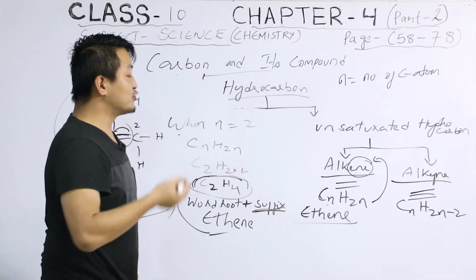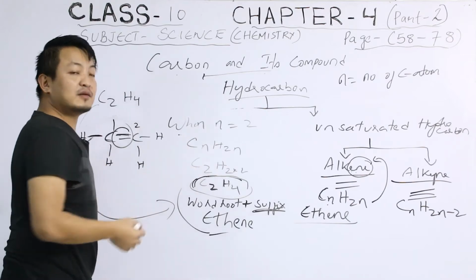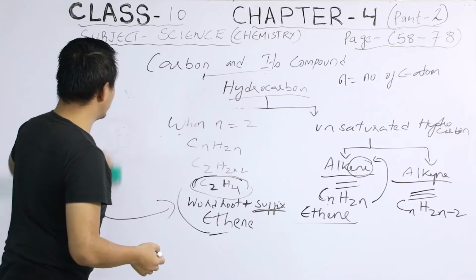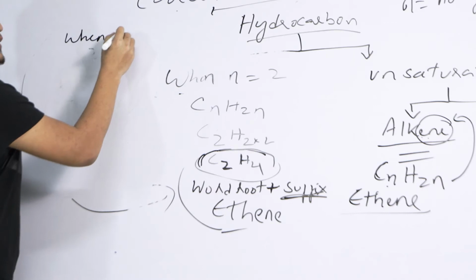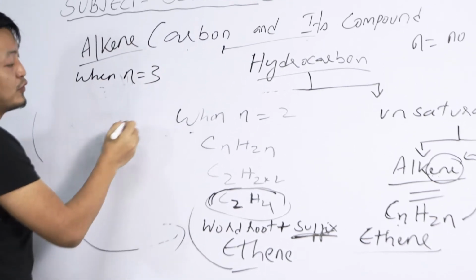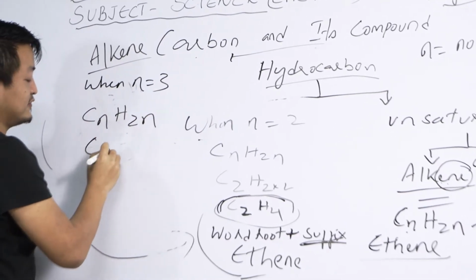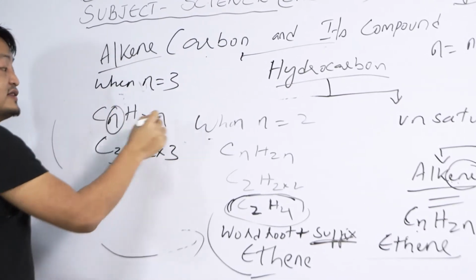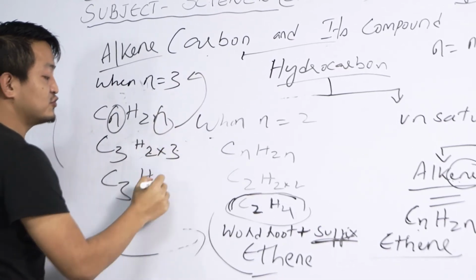Likewise, you can also try drawing the structure with 3 carbon atoms in alkene, when n is 3. The formula is this one, so we have C3H, 3 into 2, 6.